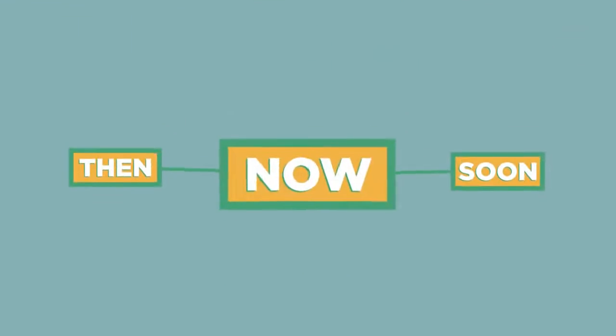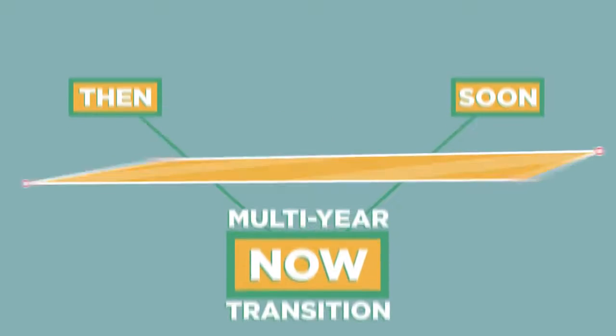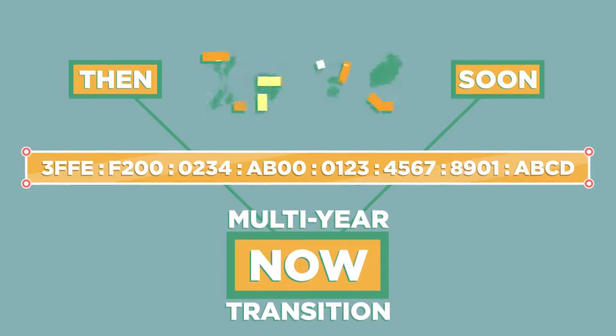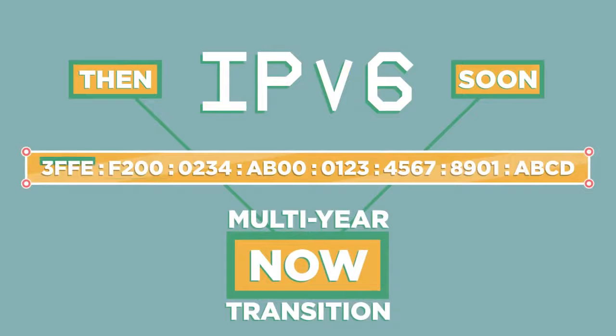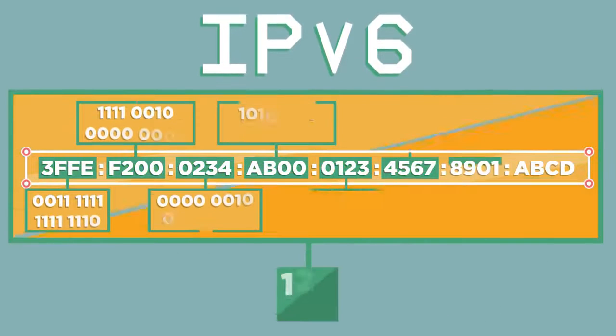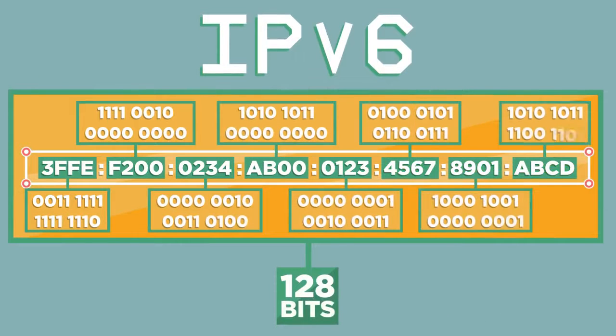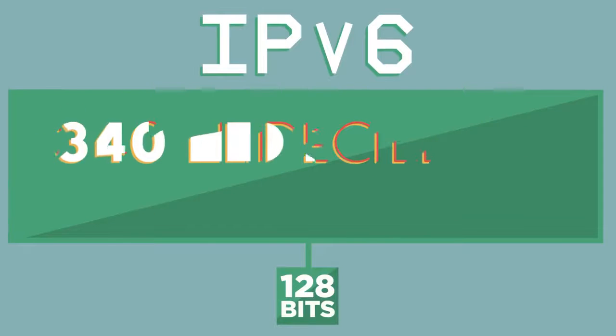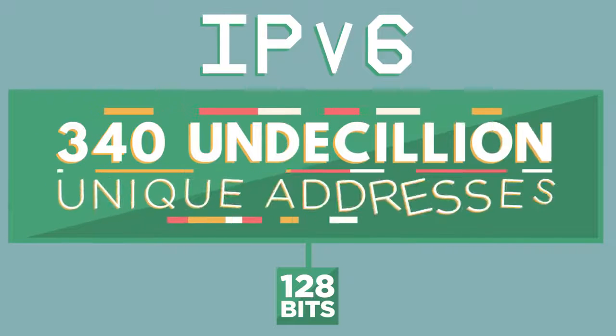We're now in the middle of a multi-year transition to a longer IP address format called IPv6, which uses 128 bits per address and provides over 340 undecillion unique addresses. That's more than enough for every grain of sand on Earth to have its own IP address.